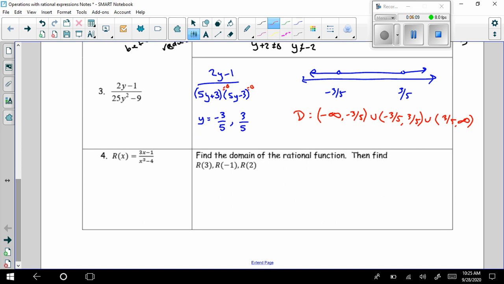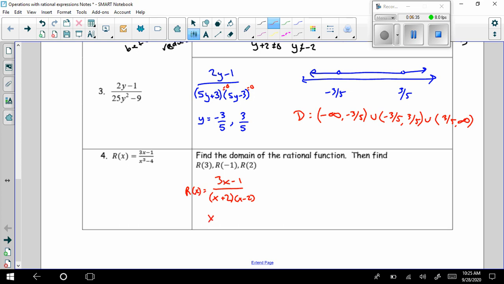Okay, so you find the domain, you can also evaluate a function. And so for this one, 3x minus 1 over x plus 2, x minus 2, I'm going to go ahead and factor that. This is in function notation, so this is a rational function.